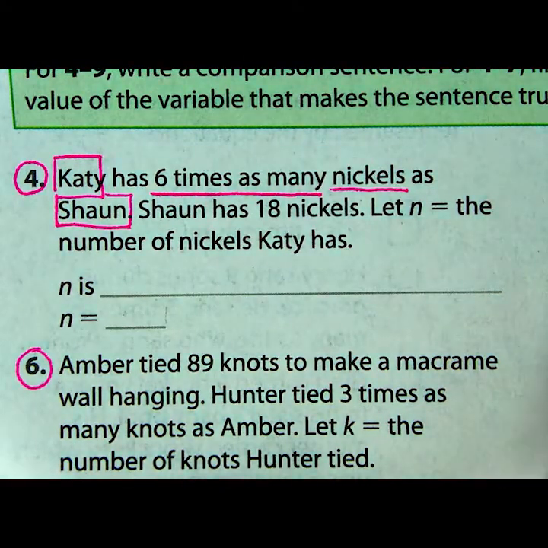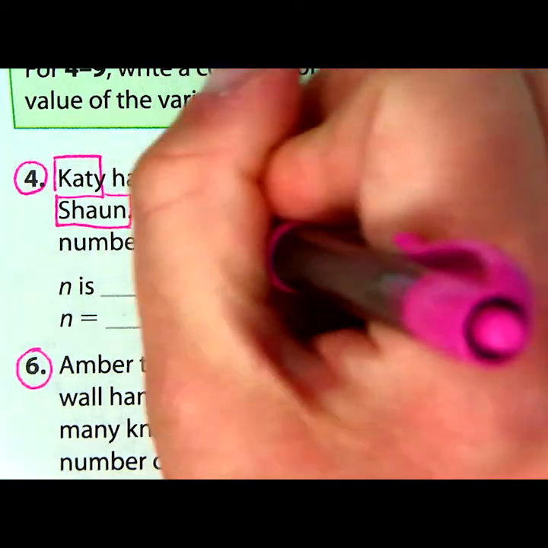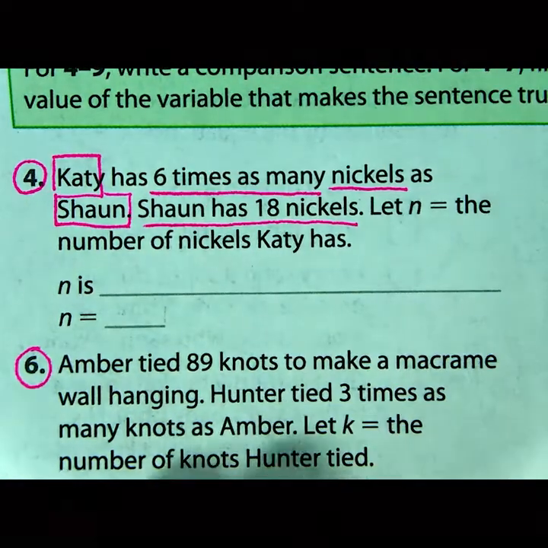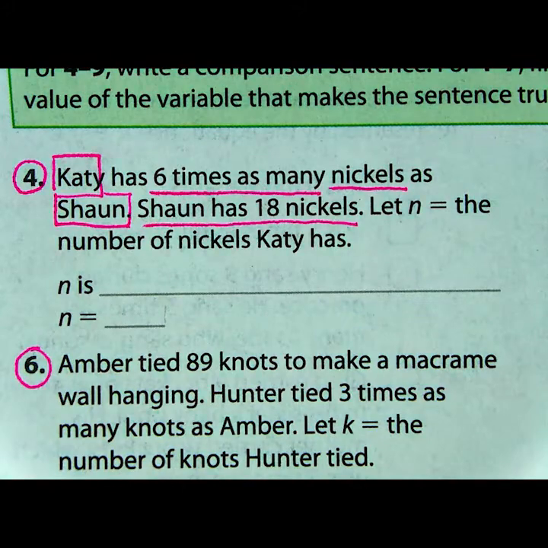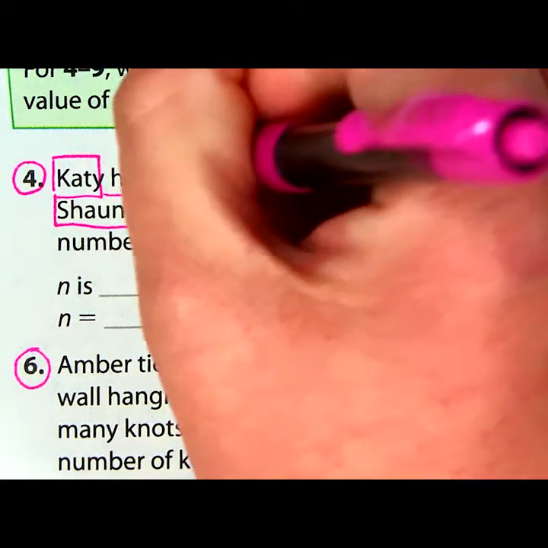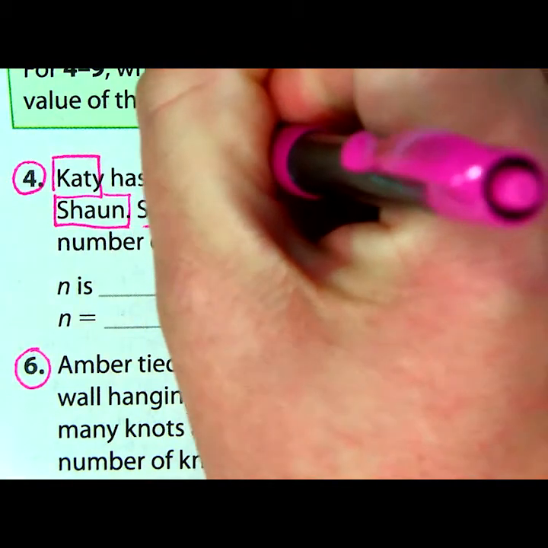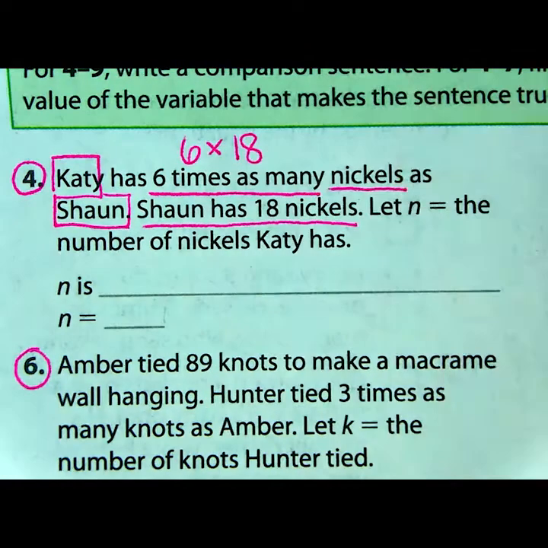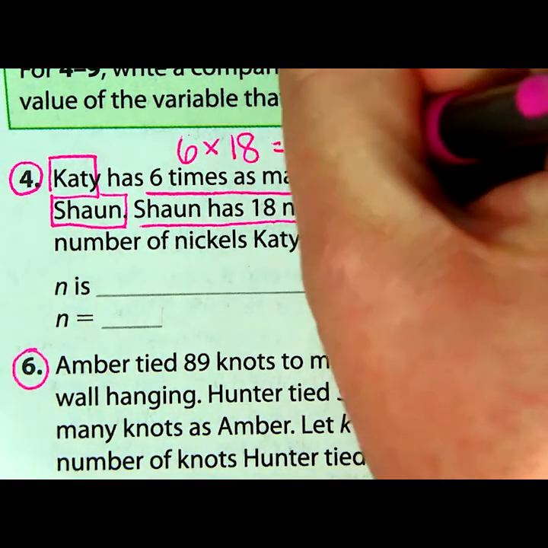Now, the other piece of information that they told us is how many nickels Sean has. Sean has 18 nickels. So right away, I'm thinking of a multiplication problem here. I'm thinking of 6 times 18. Katie has 6 times as many as Sean.